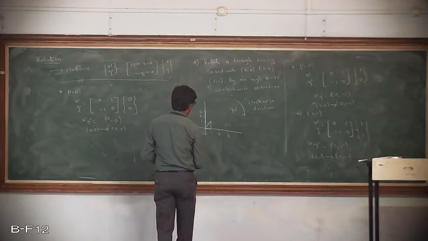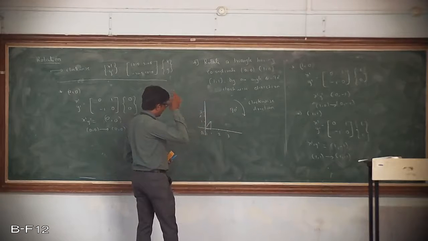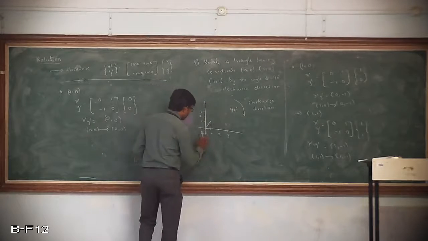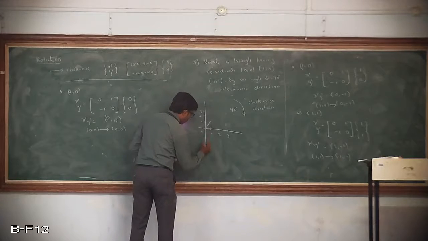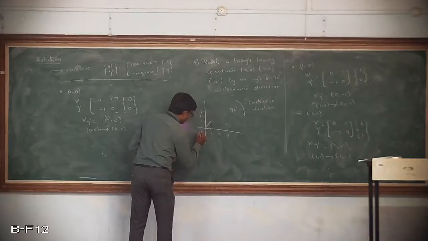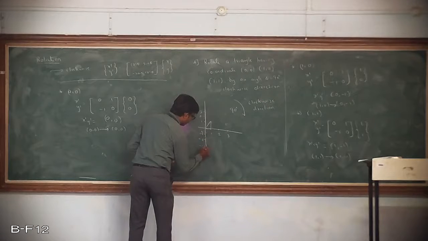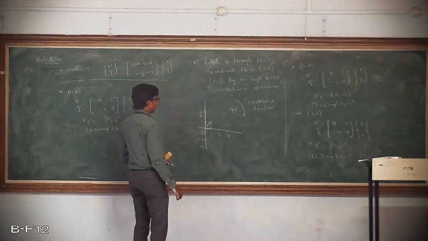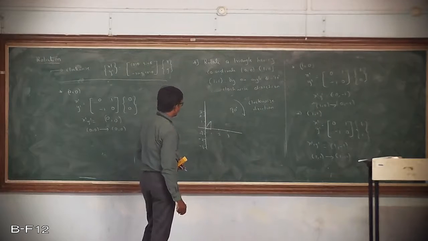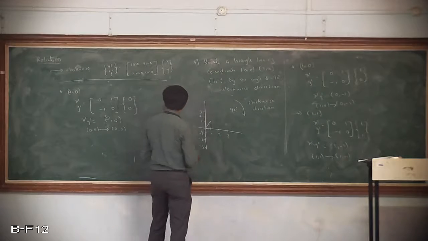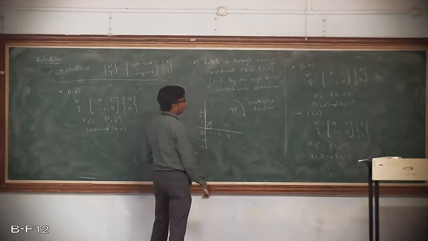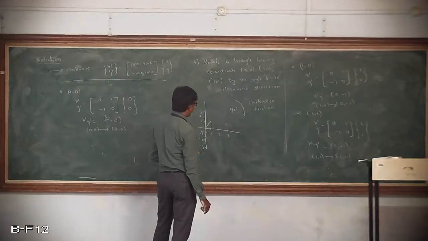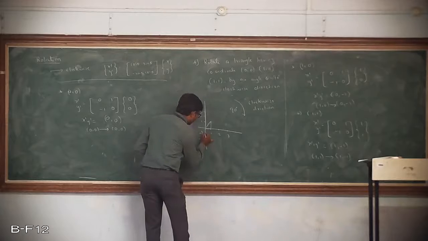So if I try to locate it in this particular case, we'll just extend this, because the y coordinate is negative here. This is minus 1, minus 2, and minus 3. So the first is 0 comma 0, it remains as it is here only. The next coordinate is 0 minus 1, so it comes here.